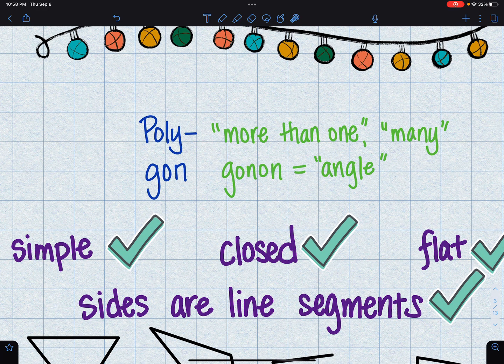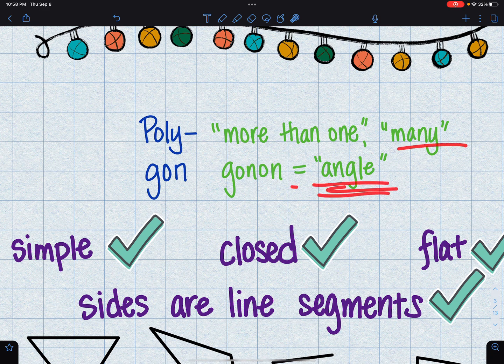Now, the word poly comes from the Greek root poly, which means more than one, or it means many. And gon comes from the Greek root gonan. I don't know how to say that, but anyway, it means angle.